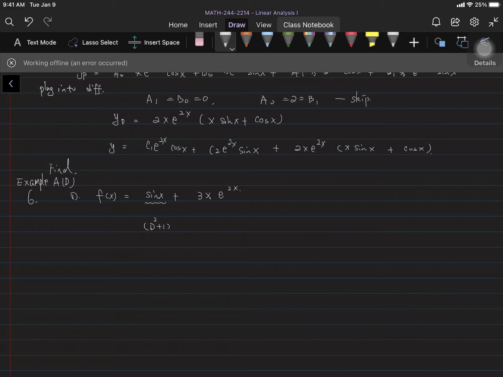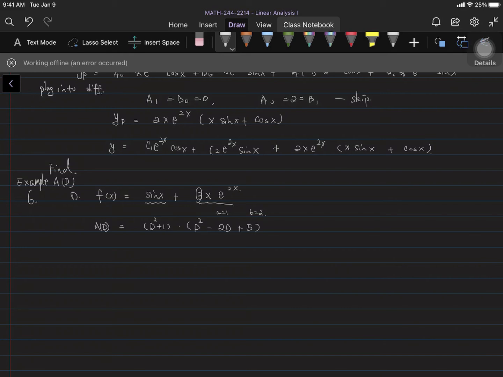And for this one, what's the AD? A is 1, B is 2, so it should be D squared minus 2a, so 2D, we can skip the constant, plus a squared plus b squared, which is 5. So it's going to be the product of those two. This is the first one.